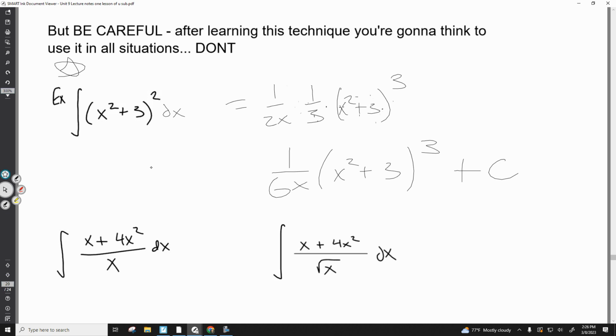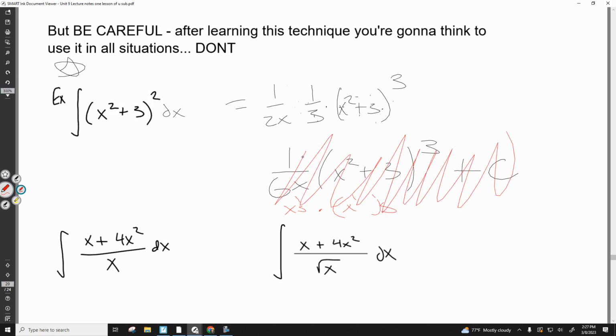Hold on, guys. I thought this process removed the product and we just started with the chain. This is x's times x's. If you took the derivative of this, you'd have to use the product rule. I wanted to undo the product rule. This is wrong.